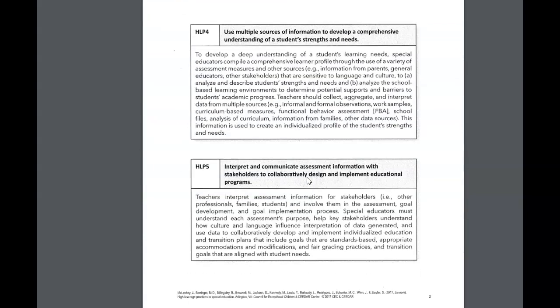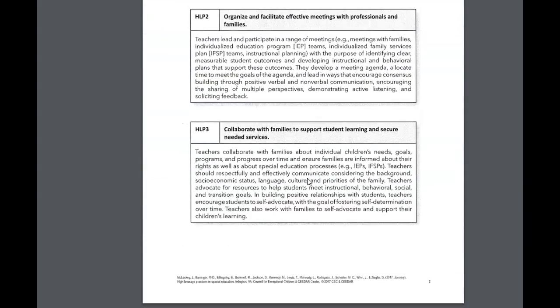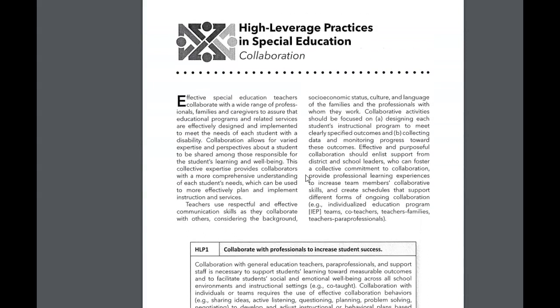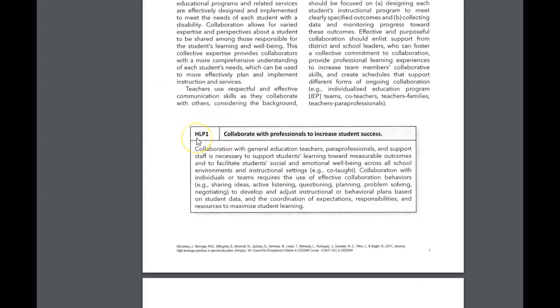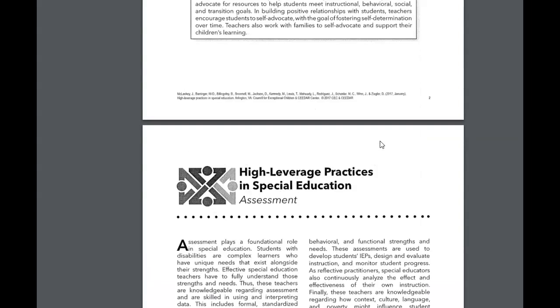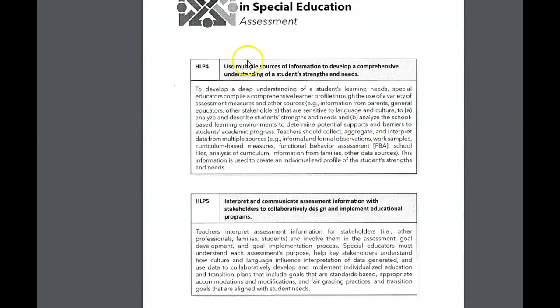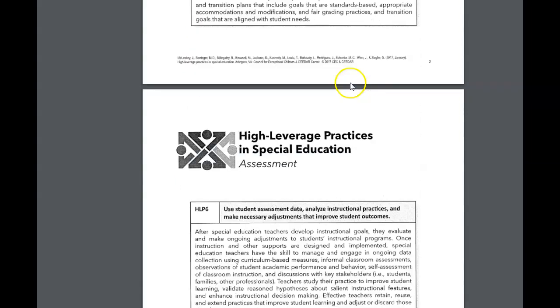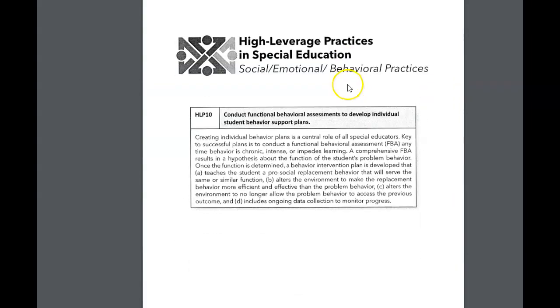Okay, assessment, and collaboration. Okay, so 4 areas, 22 practices. If you notice, they have a number and a name. HLP1, collaborate with professionals to increase student success. HLP4, use multiple sources of information to develop a comprehensive understanding of a student's strengths and needs. And keep going all the way down.